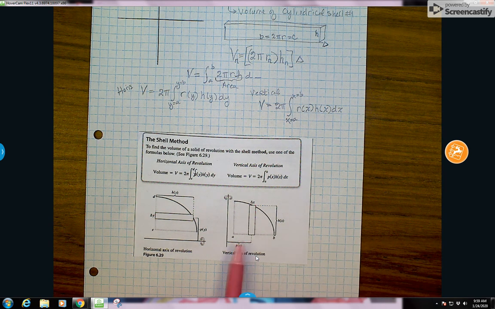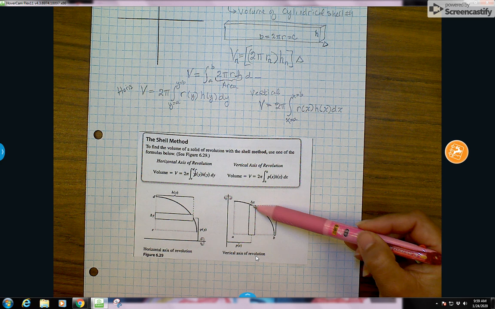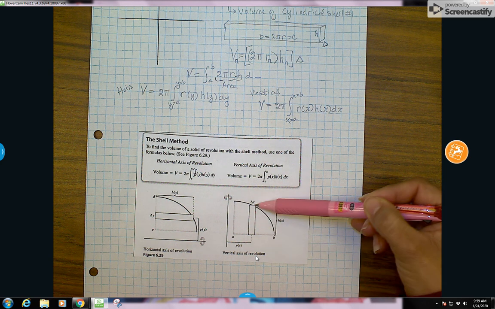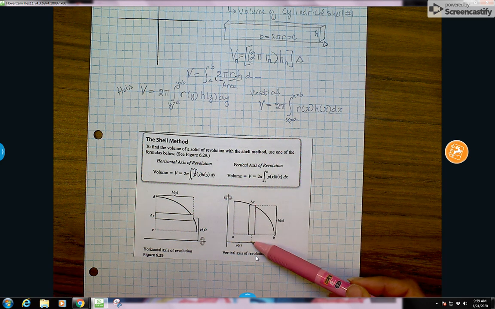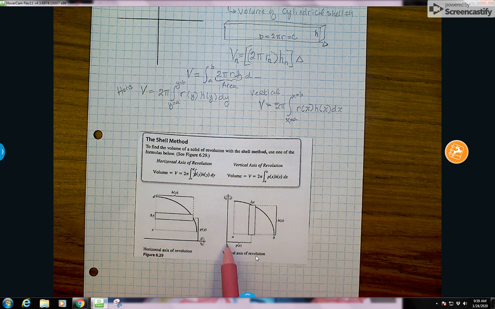And here, if you rotate about a vertical line, then this is measured off of the x-axis. And now your radius is the distance from this vertical line to the center of your cylindrical shell.